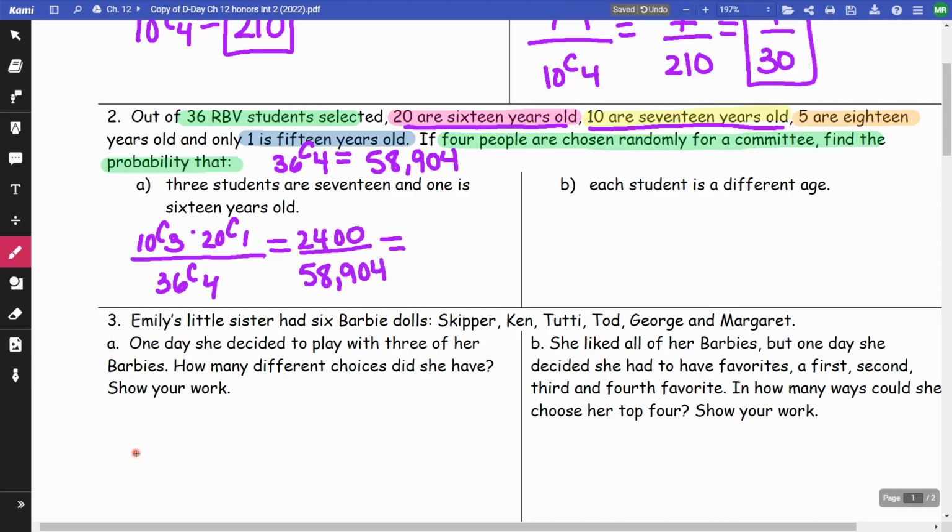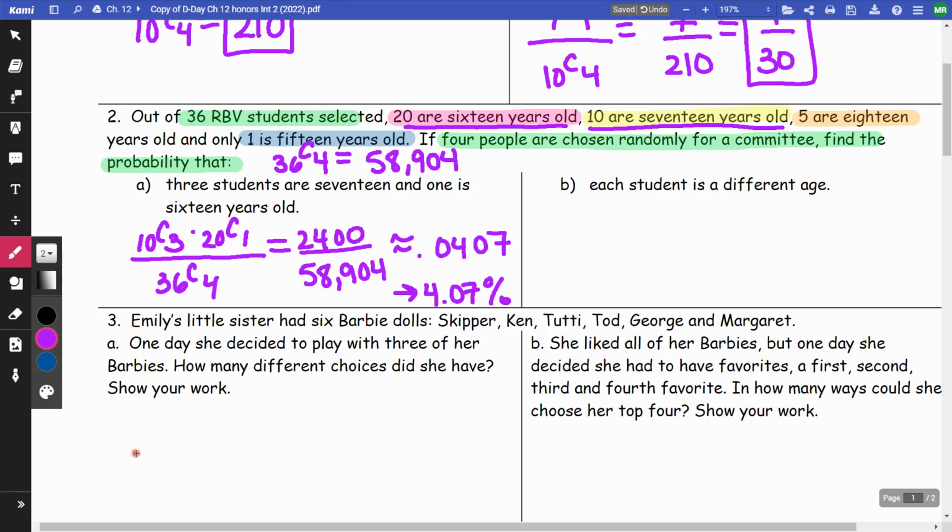If I work that out, that ends up giving me about 0.0407. In terms of percent, that's about 4.07%. You don't need to change it to a percent, but that's what it is.